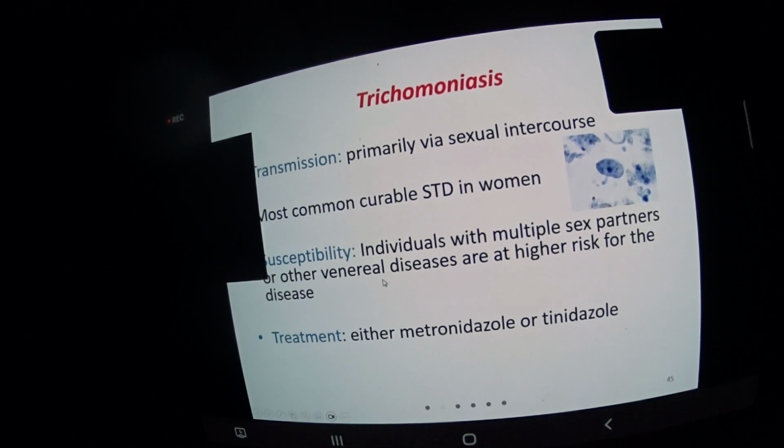It is the most common curable in females. We see it because, again, they're the only ones who report it. Males don't. Usually once they have it, they are told to mention it to their partners and ask them to come and get the medication for it. And treatment is nicely treatable with a couple of different drugs.